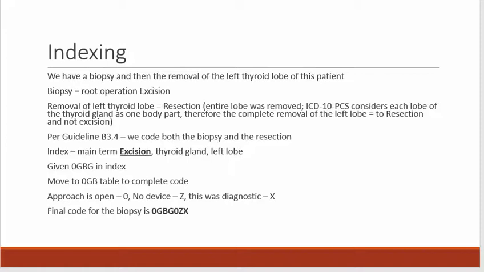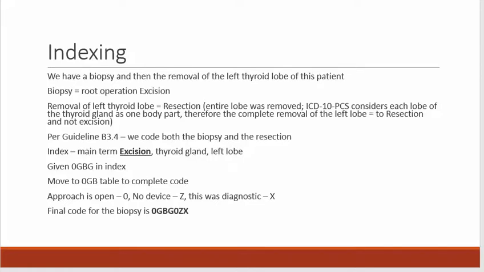We also know per ICD-10-PCS that the thyroid gland is two separate body parts. The right is one body part, right side of the lobe of the gland, and the left is another separate body part. So we know all of that, and we begin our coding process. So we're coding the biopsy first.